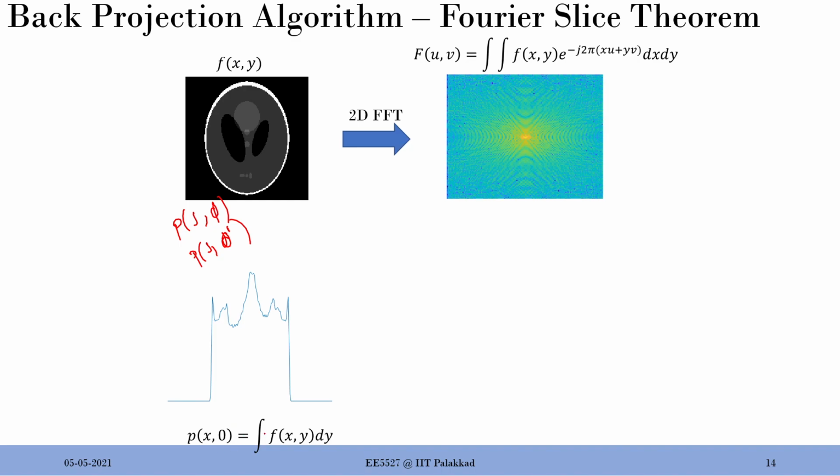Literally, the angle is 0 and x is the same as s, all the x points. So basically this entire thing I'm going to evaluate. That's the major takeaway from what I'm saying.